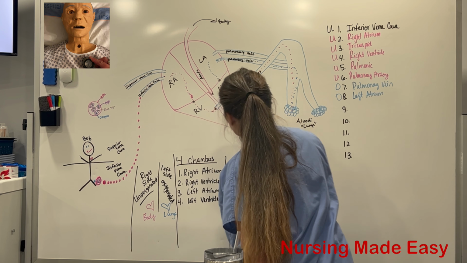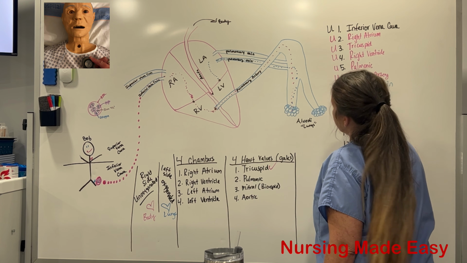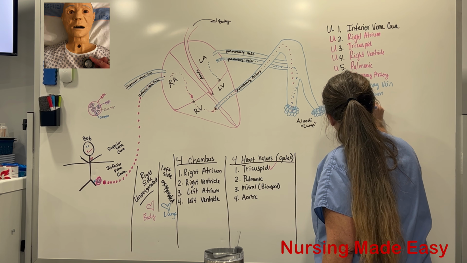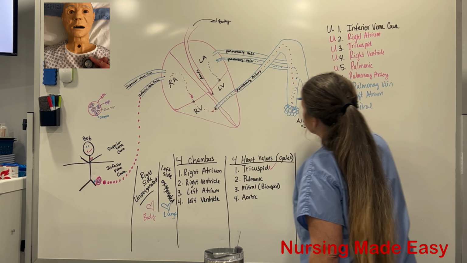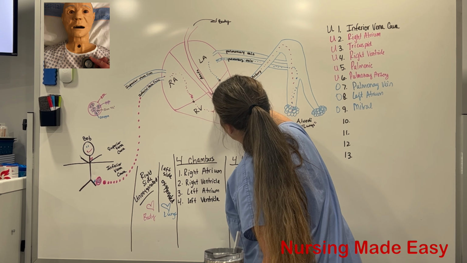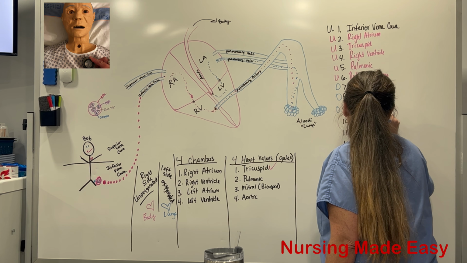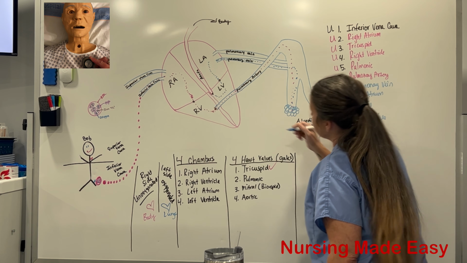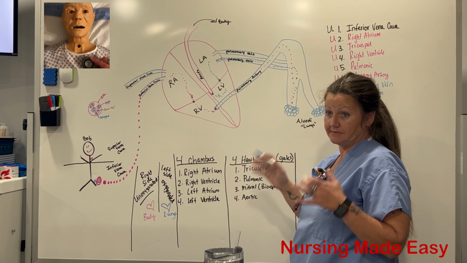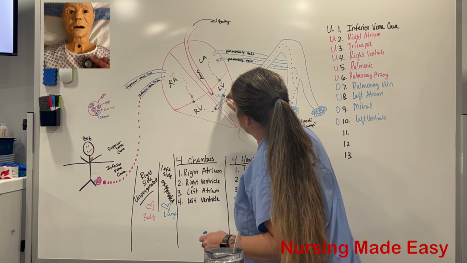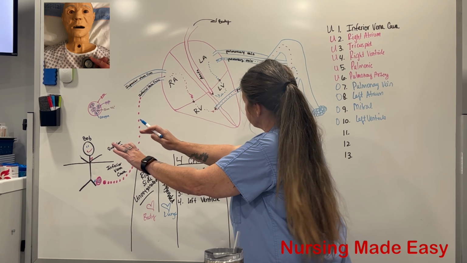We got to go through another heart valve. This one is called the mitral or bicuspid. We are in the left ventricle. And this is important because we have got to get out of here, right? We got to get to the body. So we're going to let this fill. We're going to get one big good push.